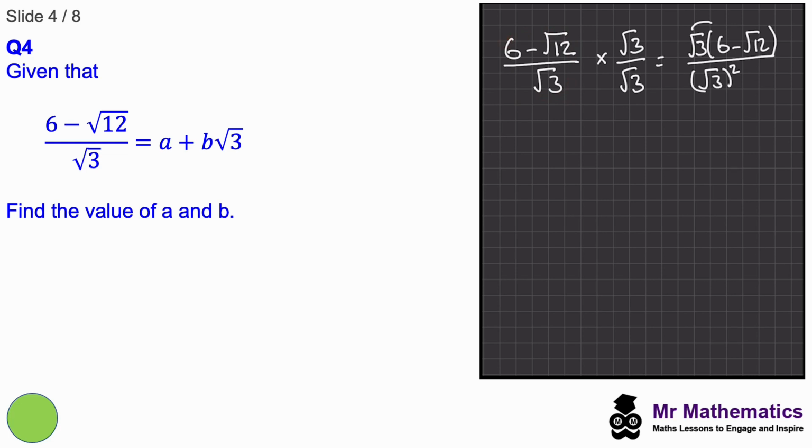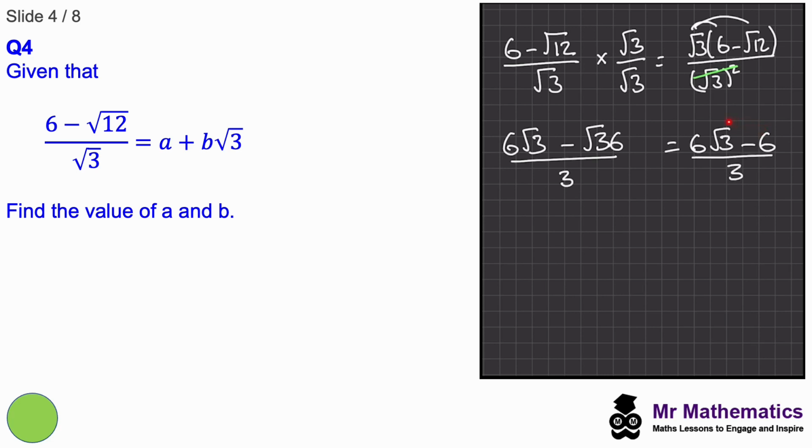This becomes root 3 times 6, 6 root 3, and then root 3 times negative root 12, which is minus root 36, all over, and the square root and the square will cancel, so it's over 3. We can simplify the square root of 36, so we have 6 root 3 minus 6 all over 3.